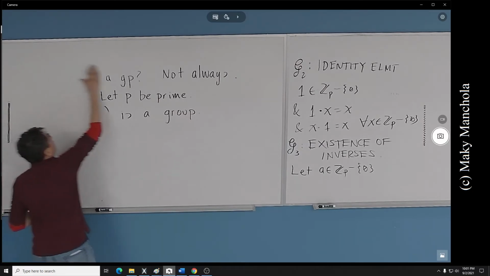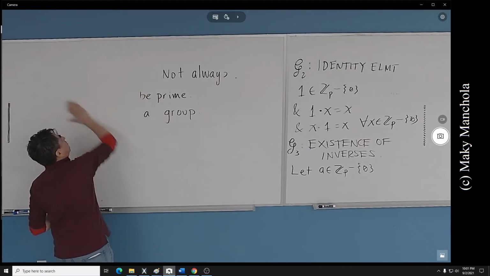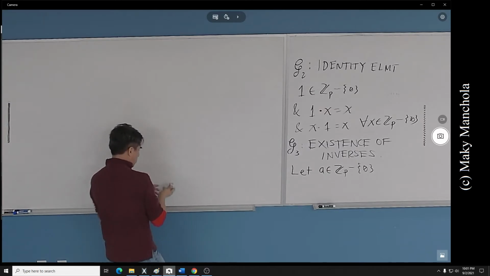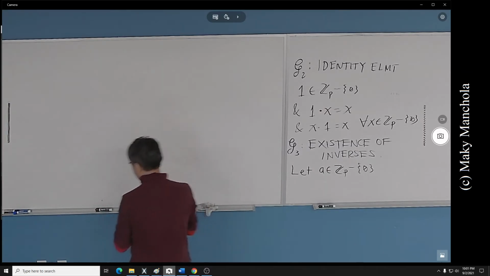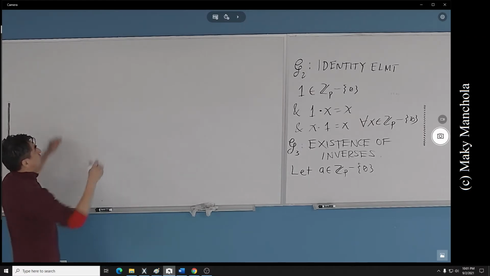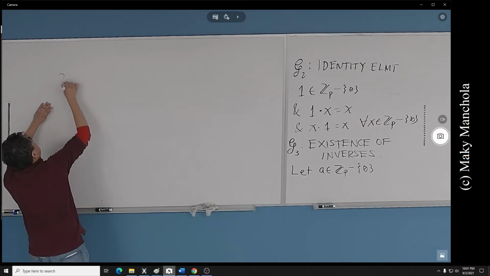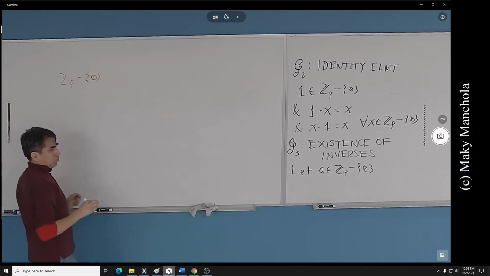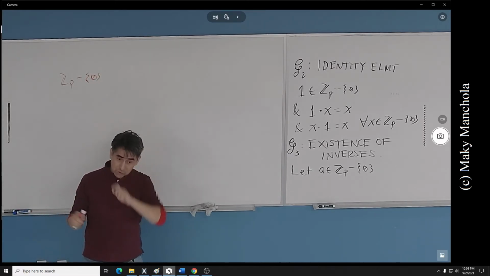Now, we're going to have to think about complete residue sets. This is a number theory concept. So let's make it an observation that ZP minus 0 is a complete set of remainders, except it doesn't contain 0, right?